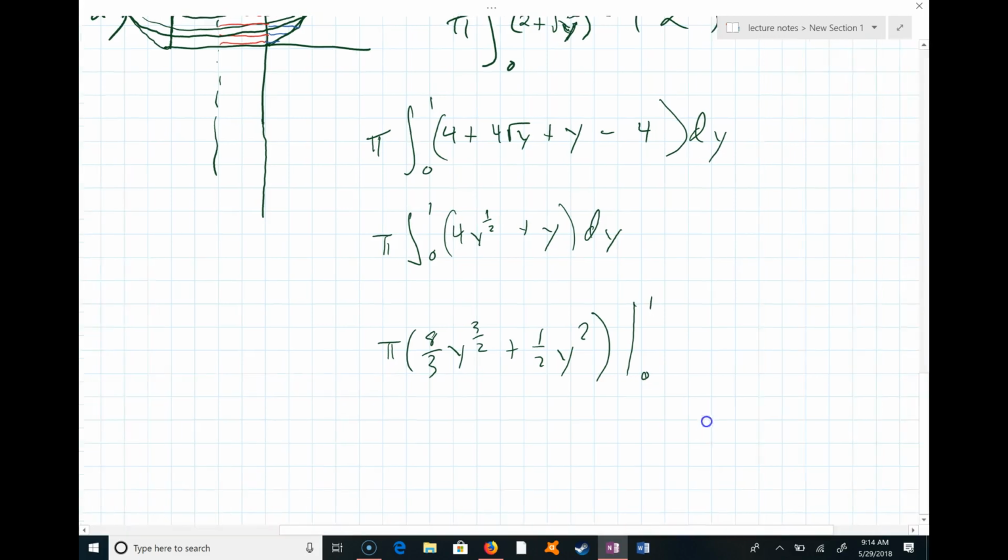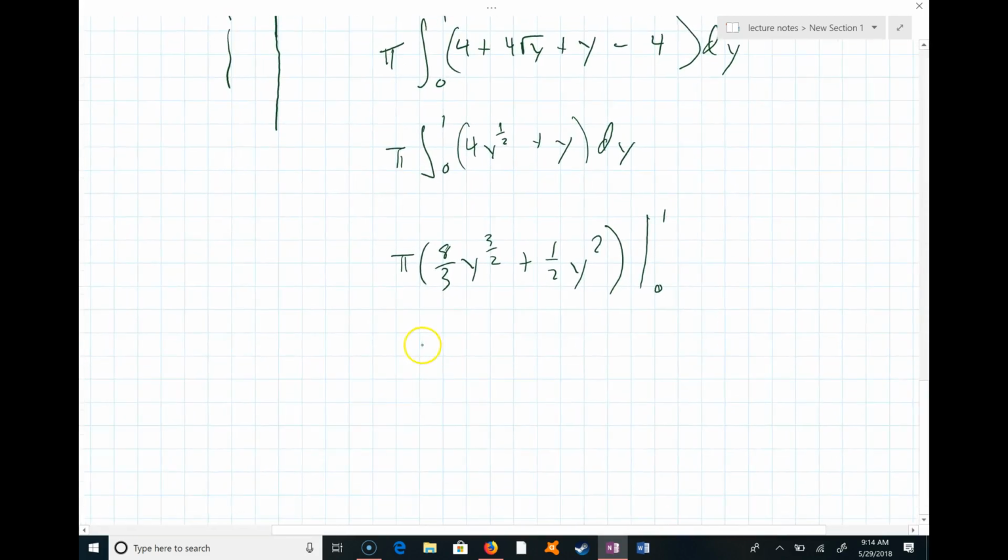Plug in 1, and we get 8 pi over 3 plus 1 pi over 2, and then 0. So that's going to be what? 16 plus 3 is 19 pi over 6.